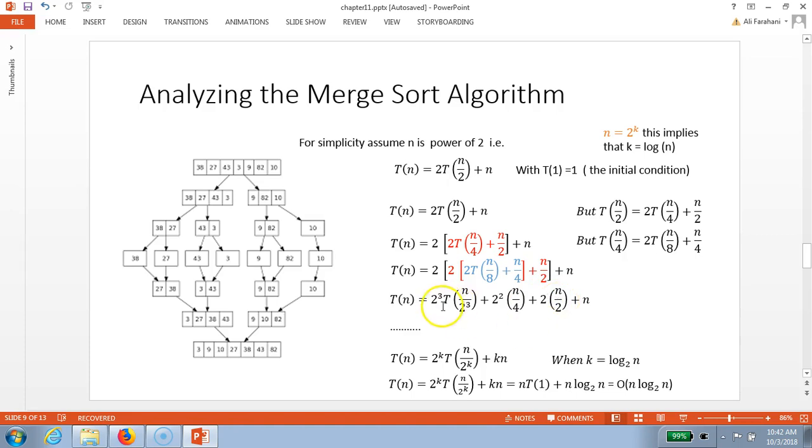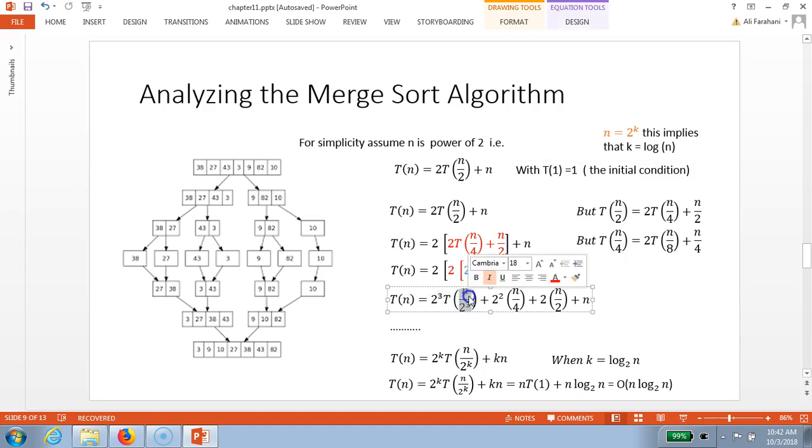The one after that will be 2 to the 5 t of n over 2 to the 5 plus 5n. So again, the question is, how far do you expand? For that, you go back to the initial condition. You will expand until the argument inside t reaches 1.